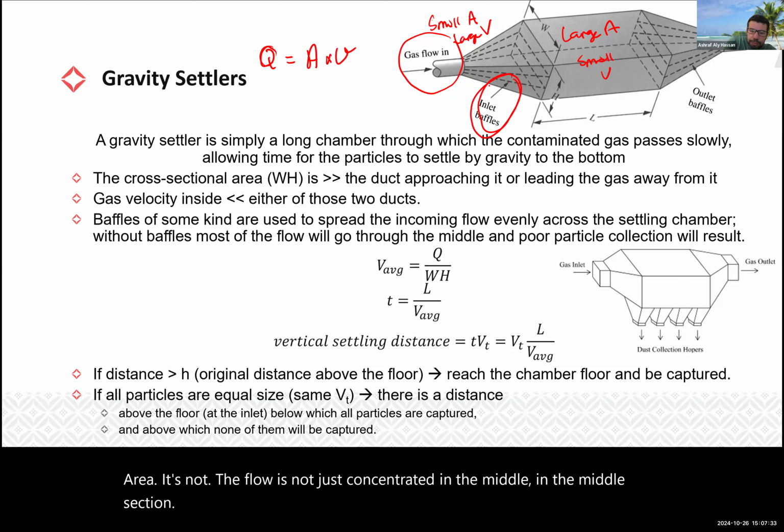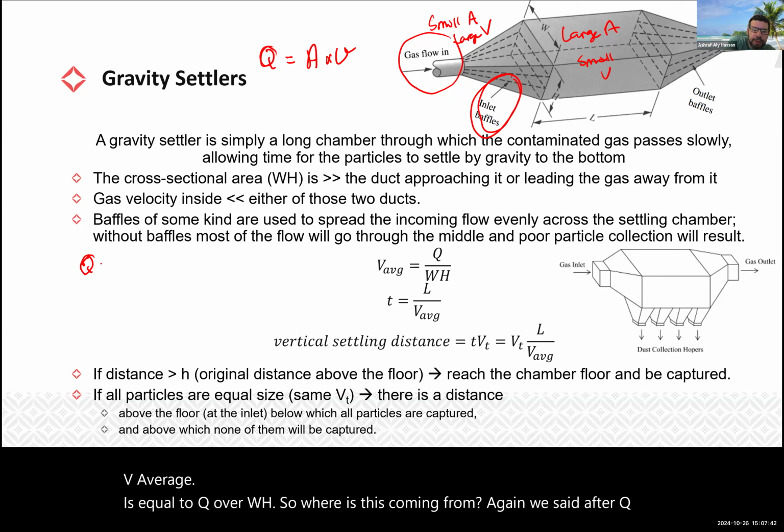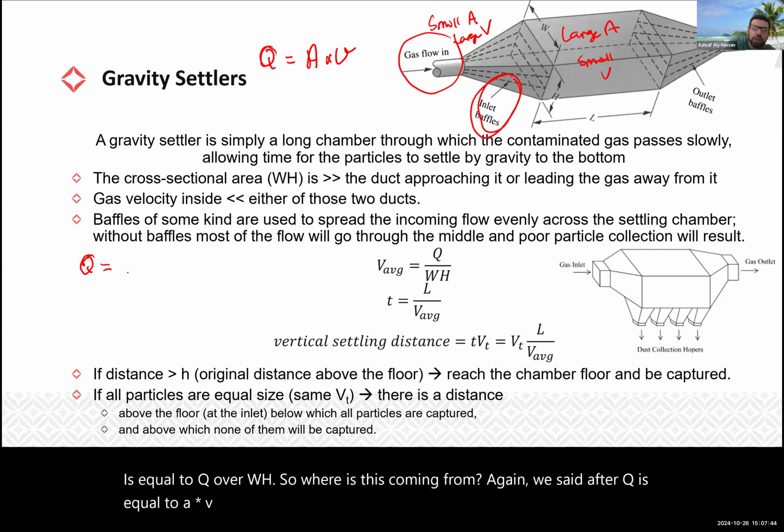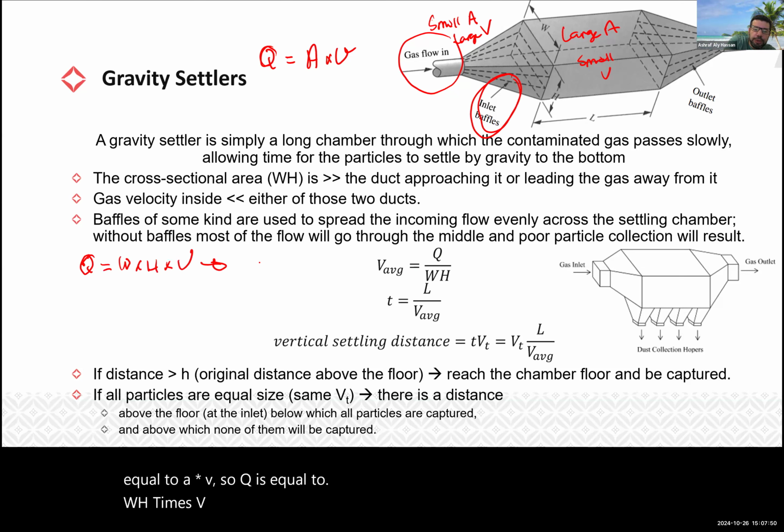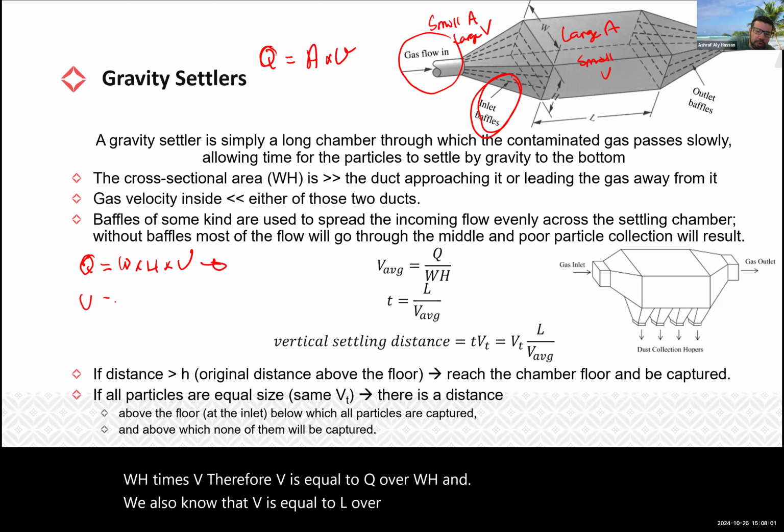V average is equal to Q over WH. Where is this coming from? Again, Q is equal to A times B, so Q is equal to WH times V. Therefore, V is equal to Q over WH. We also know that V is equal to L over T, so the velocity is the usual distance over time.